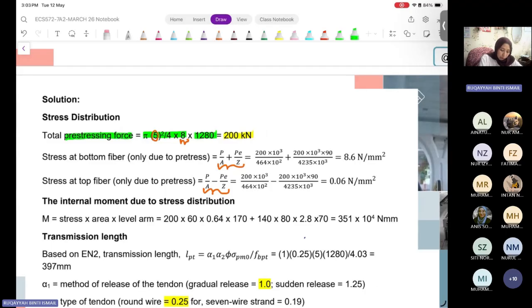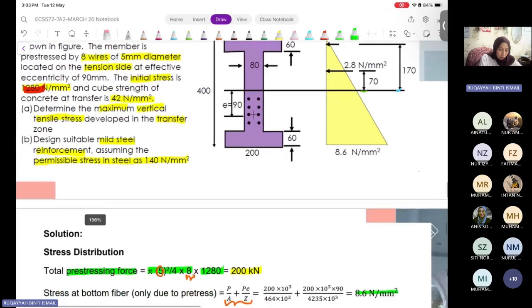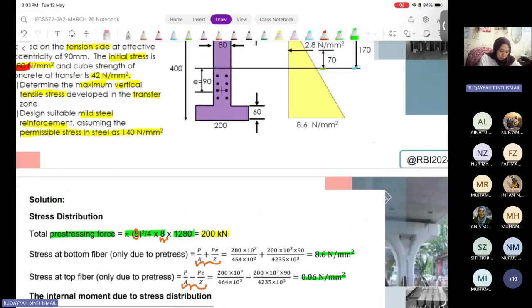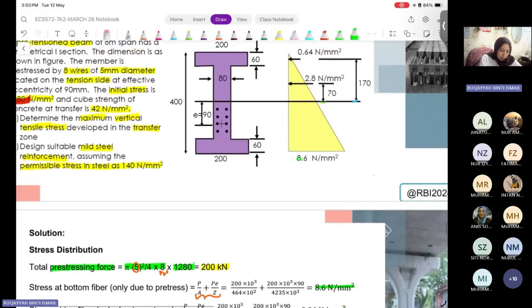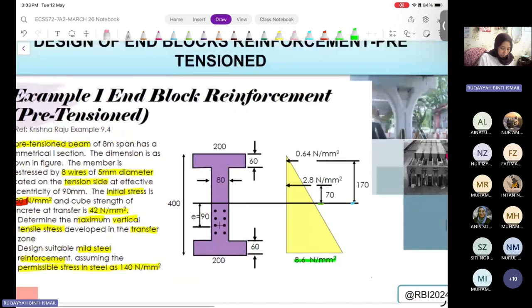So we get 8.6 Newton per mm square, and we get 0.006 Newton per mm square. Technically we have two values. At the bottom part, we get 8.6 here. This one at the top is zero.